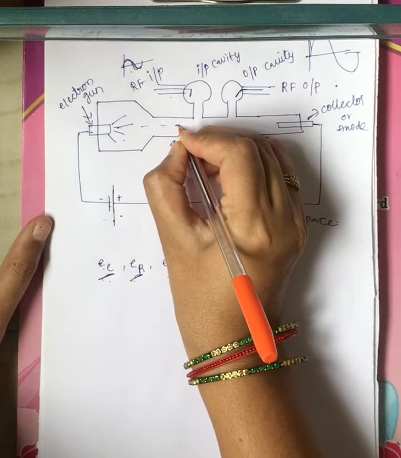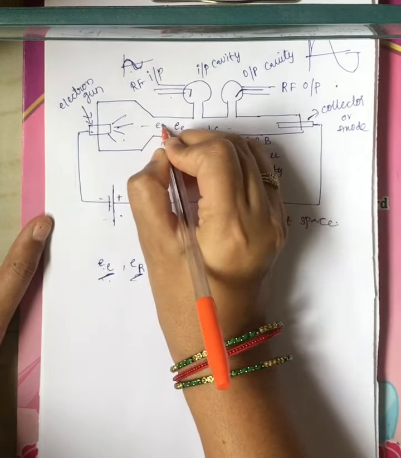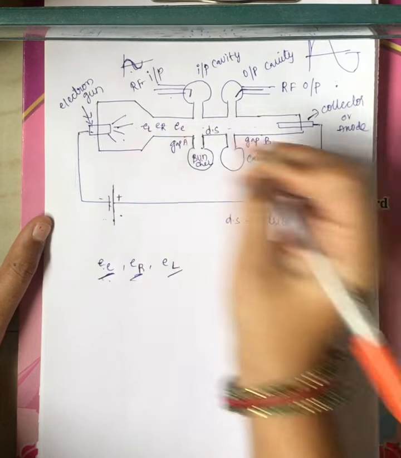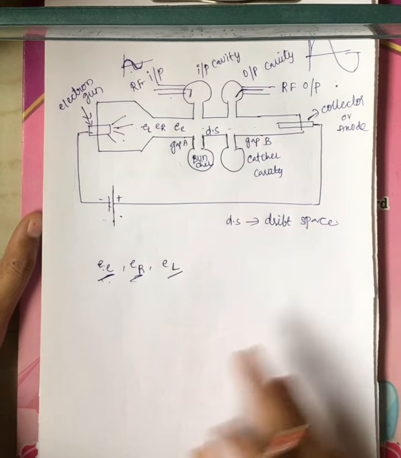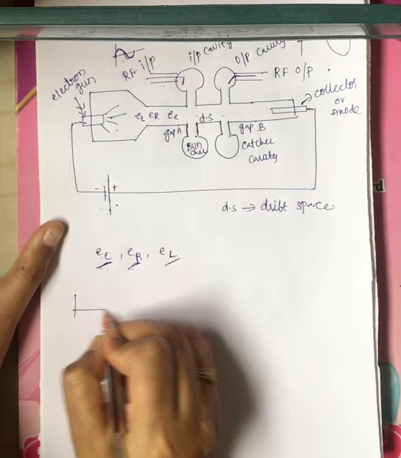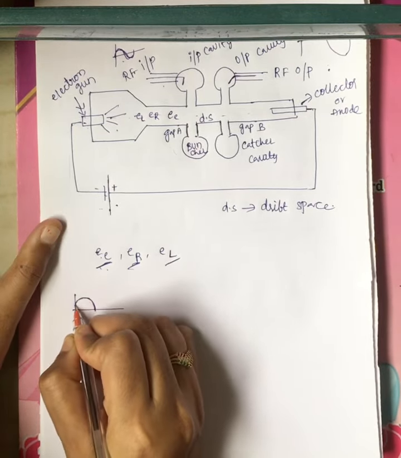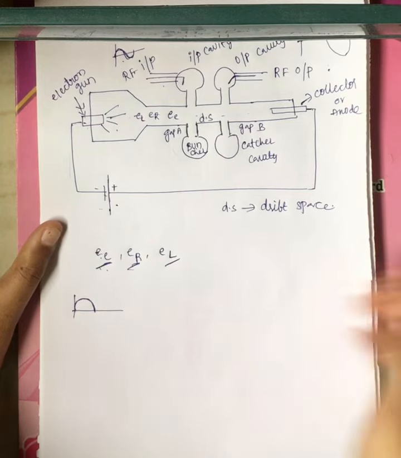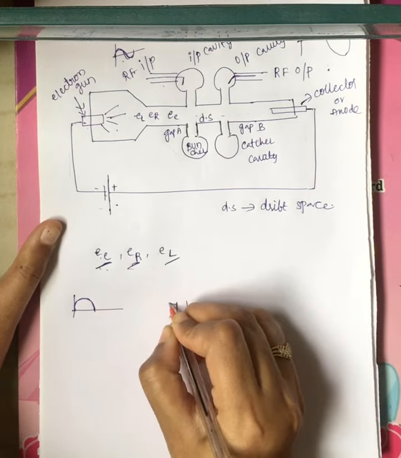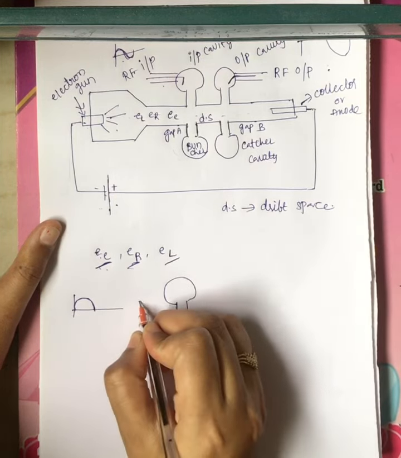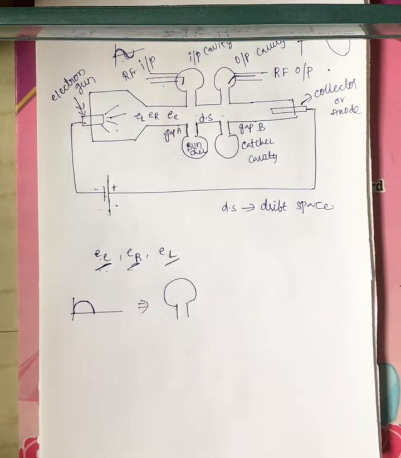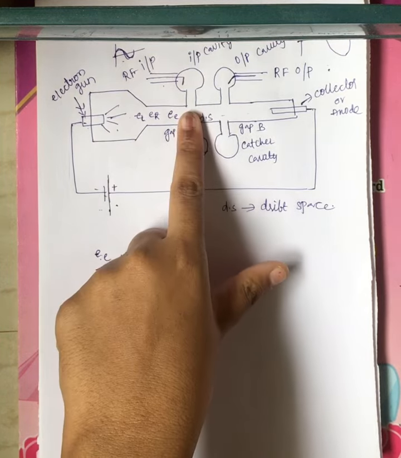Now the beam of electrons is generated. Now for the positive RF cycle only, input is given through the input cavity.